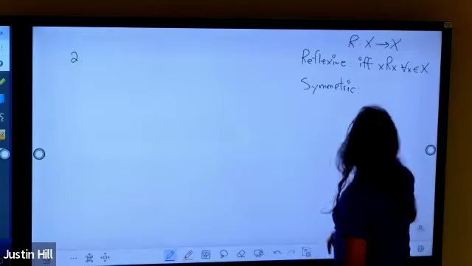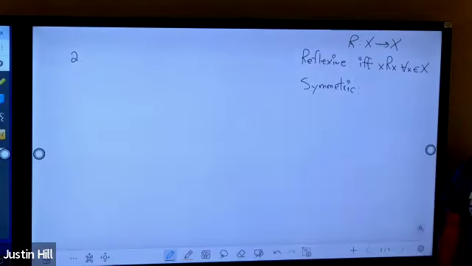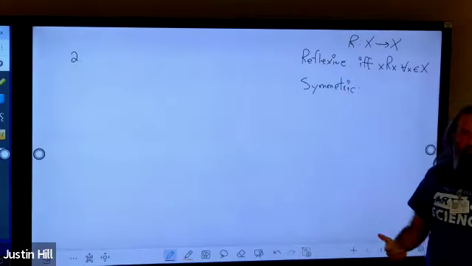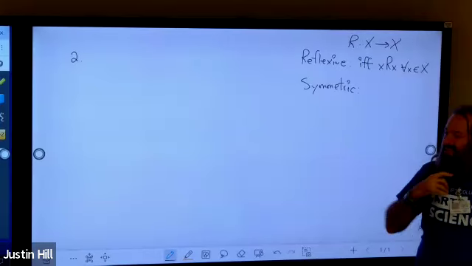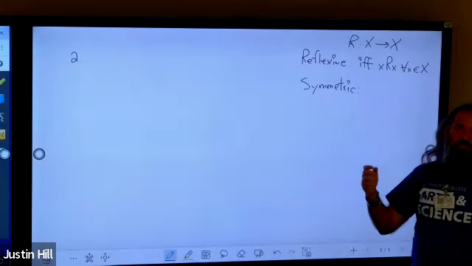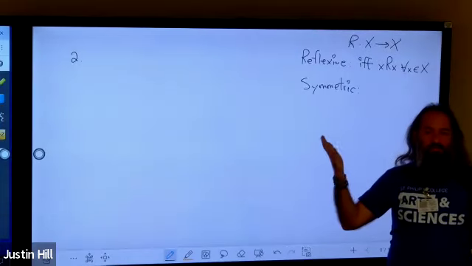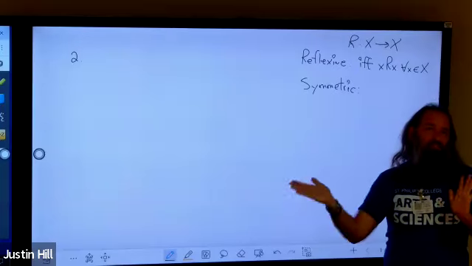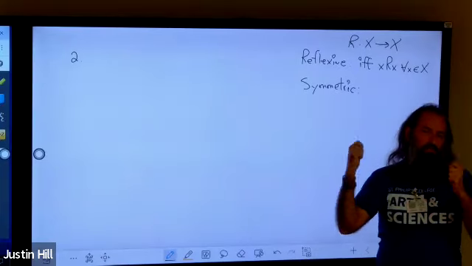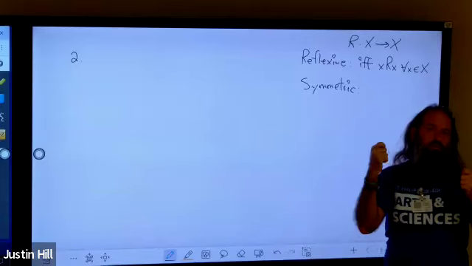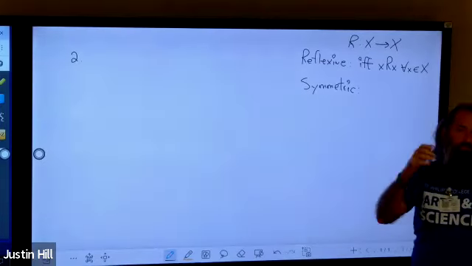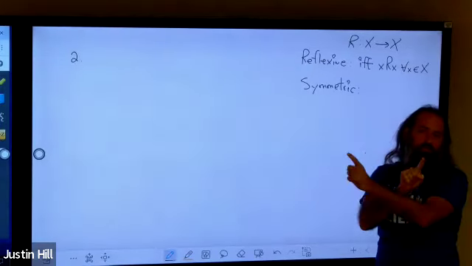The second property is symmetric. Again, reflexive, I think of reflect. It has to see itself in the mirror. When things are symmetric, they're sort of balanced on both sides. So the idea is there's an even relation on both sides. I'm going to pick two different elements, but as long as one is related to the other, then I see the reverse.